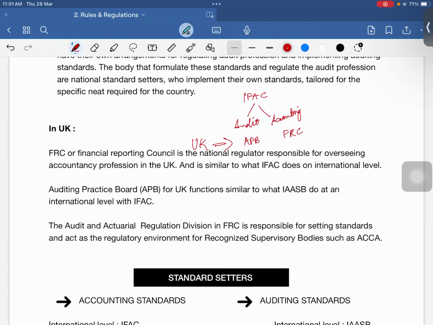The answer is simple. On a global level, we have IFAC for audit and IFAC for accounting. But on the UK level, the regulatory body of audit is called the APB instead of IFAC, and the regulatory body of accounting is called FRC instead of IFAC.